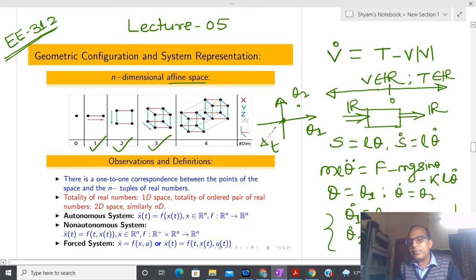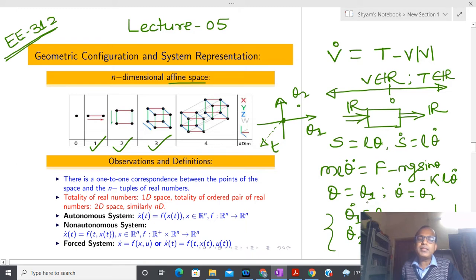You can just interpret that always some real numbers come into the picture, whether we talk about a two-dimensional system, three-dimensional system or n-dimensional system. In one dimension I have one real number, in two dimensions I have a pair of two real numbers, and in three dimensions I have three real numbers.